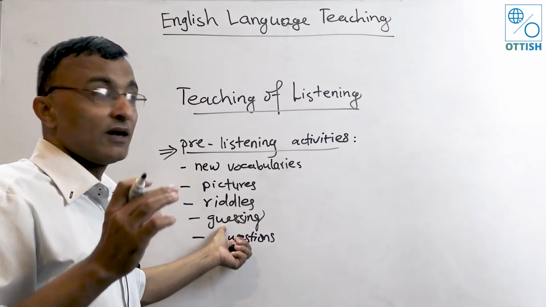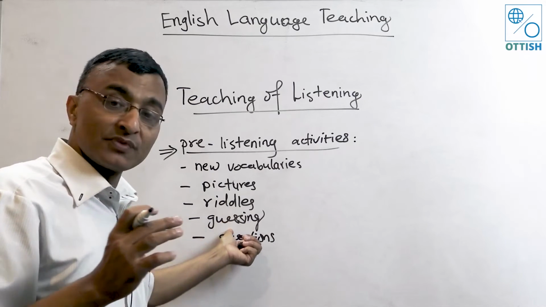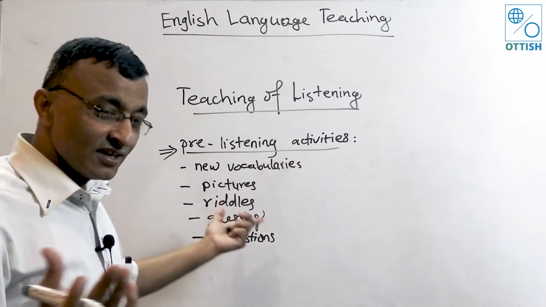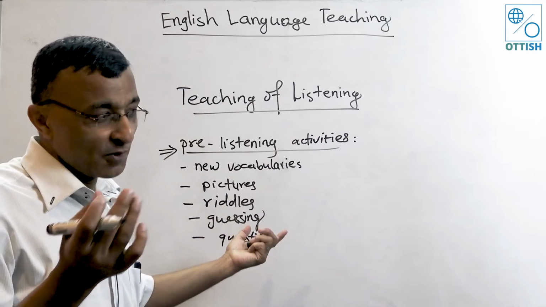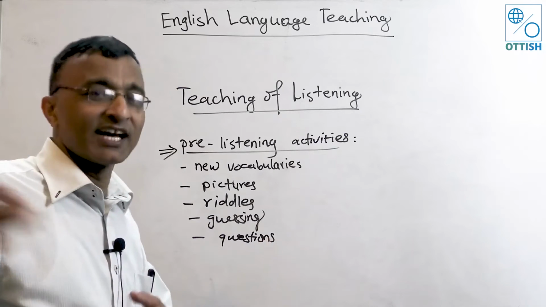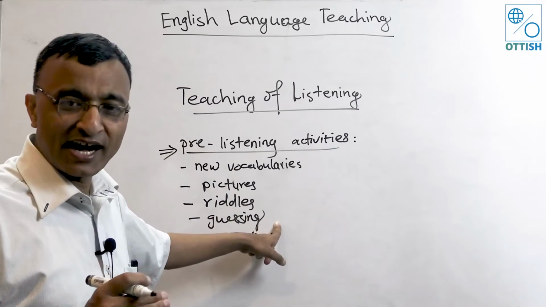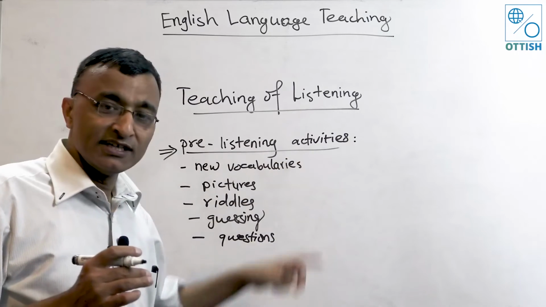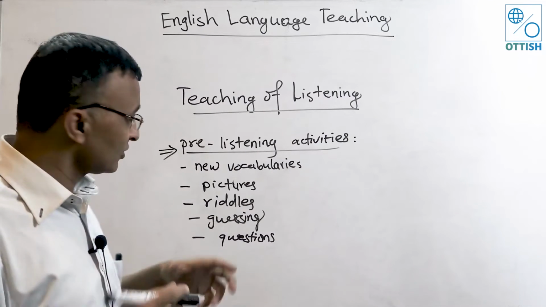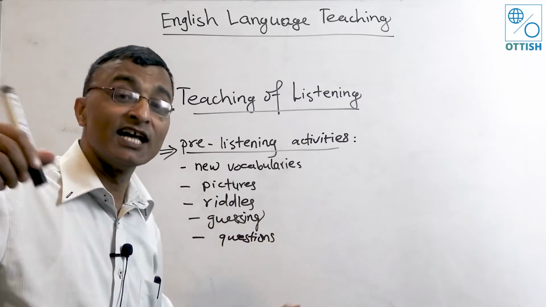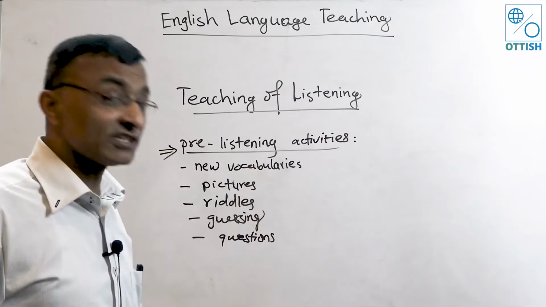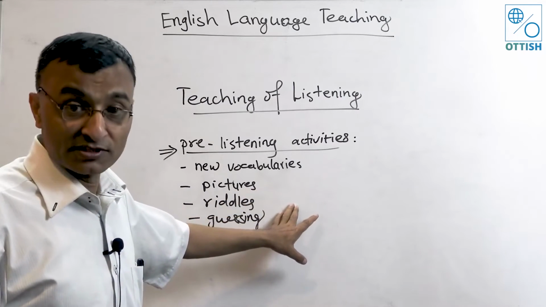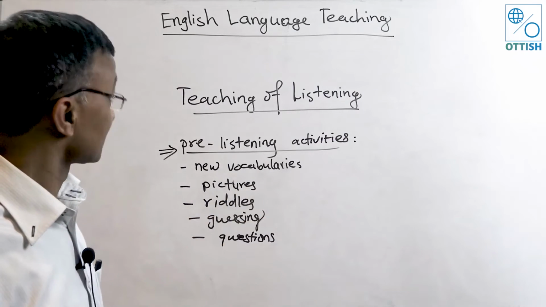By giving pictures, by giving the context, a part of the story related to the text, the students are asked to guess. Such activities can be carried out as pre-listening. In this pre-listening stage, the students listen to the teacher about the text, but the real text is not generally presented.